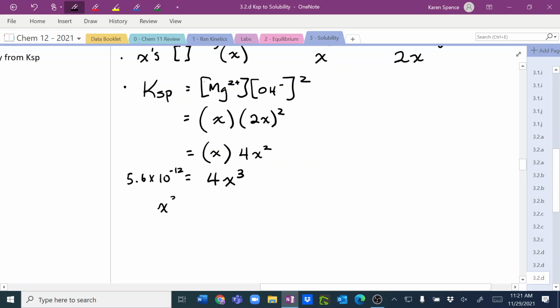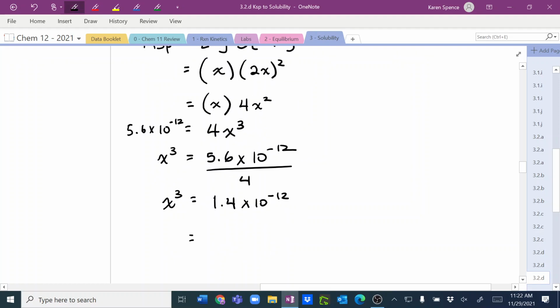So X cubed will be 5.6 times 10 to the negative 12 divided by 4, which is 1.4 times 10 to the negative 12. And now we'll take the cube root of all of that, and we'll get X is equal to, where's my cube root on this calculator?